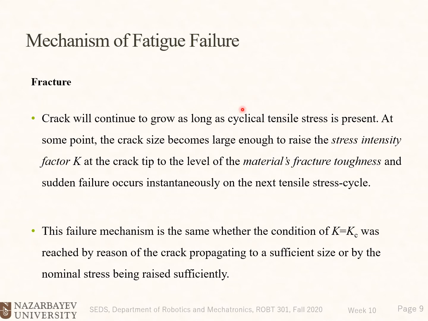Okay, but now we know why we have this type of failures. It's because of this crack initiation, propagation, and then finally crack fracture. But now we want to see how we could practically develop a theory to predict fatigue failure.